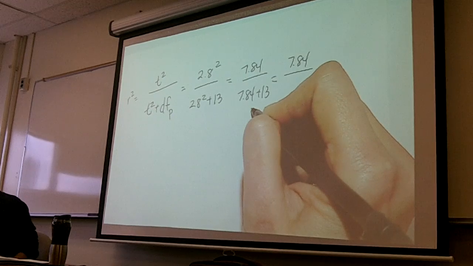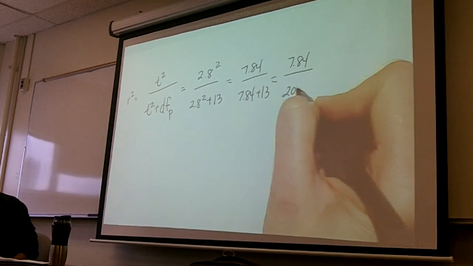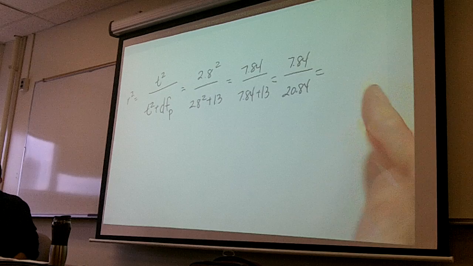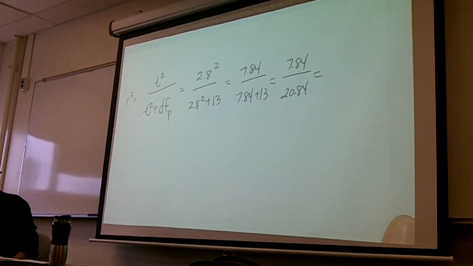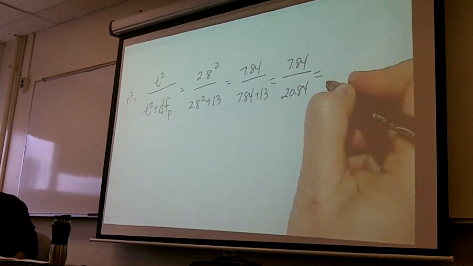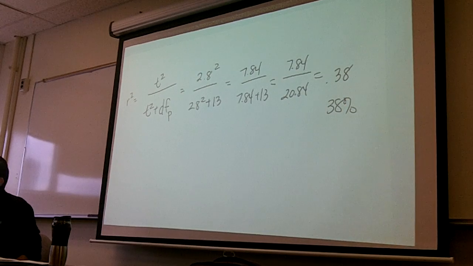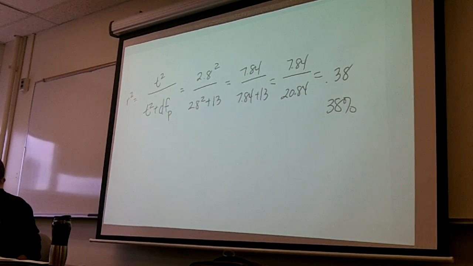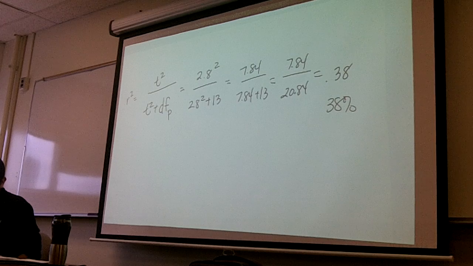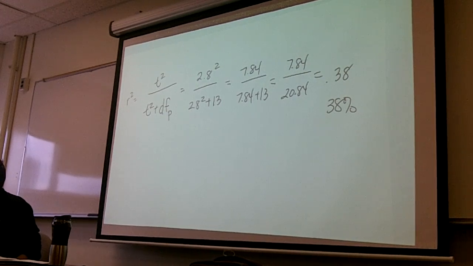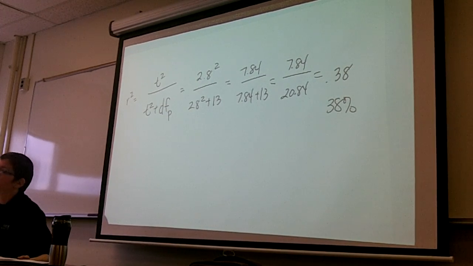What's the numerator come out to be? 20.84. Okay? And what's 7.84 divided by 20.84? 0.38 or 38%. Okay, small, medium, or large? Large.